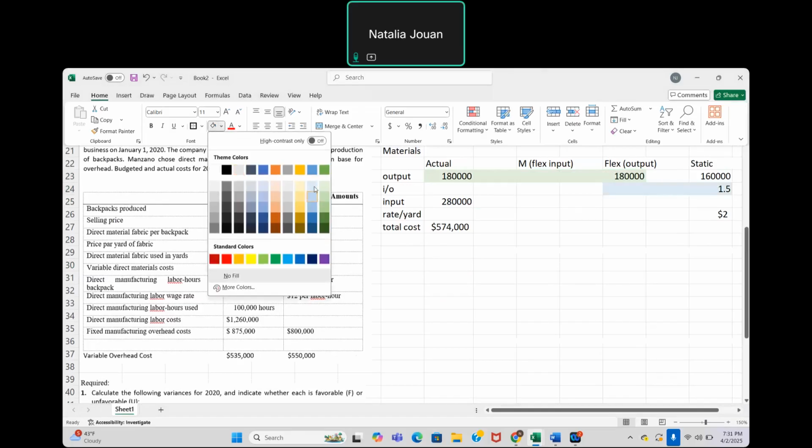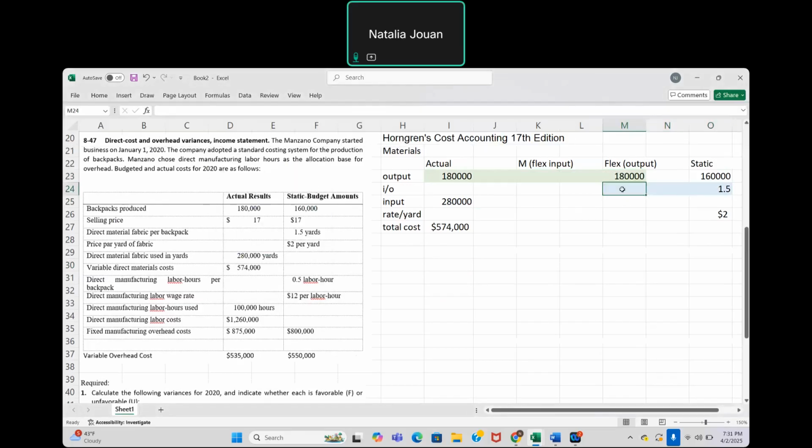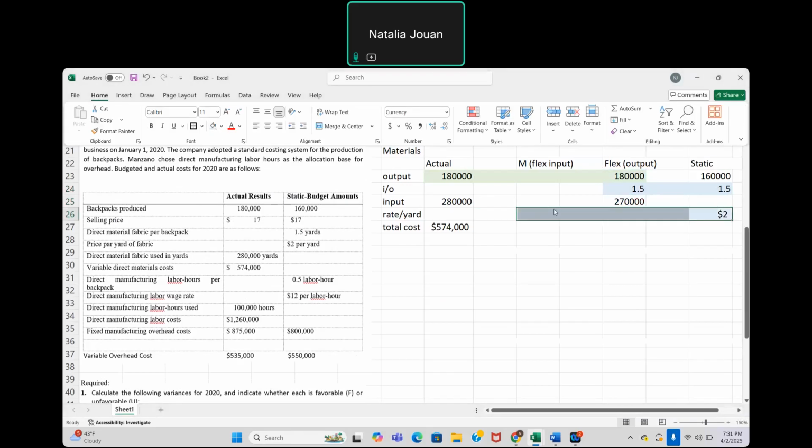So we're supposed to use a yard and a half to make 180,000 backpacks. So what is the total number of yards that we need for production? 270,000.